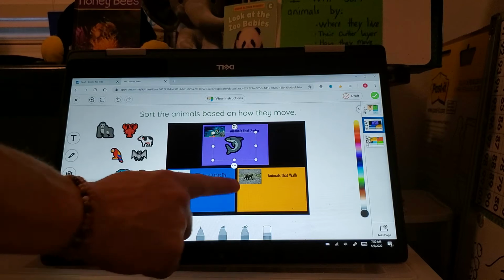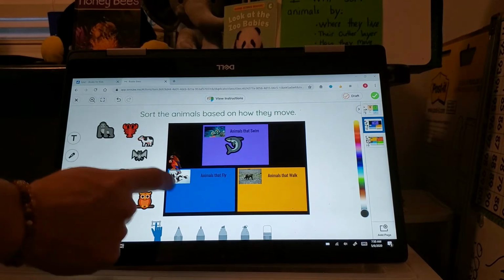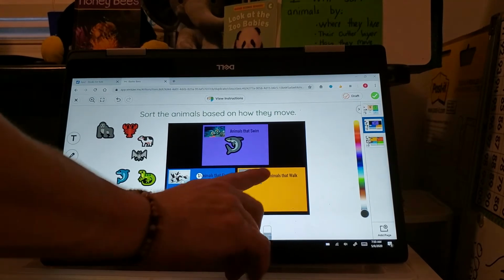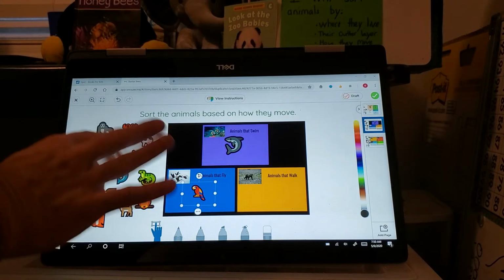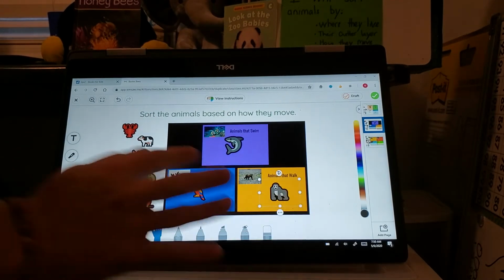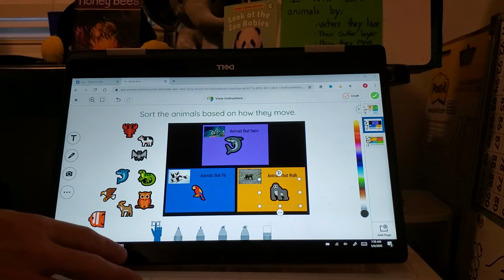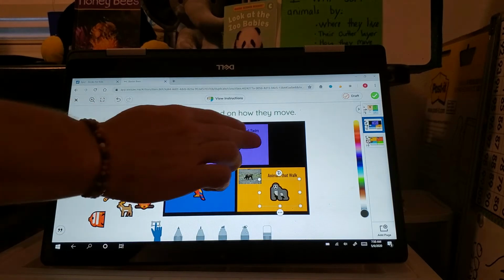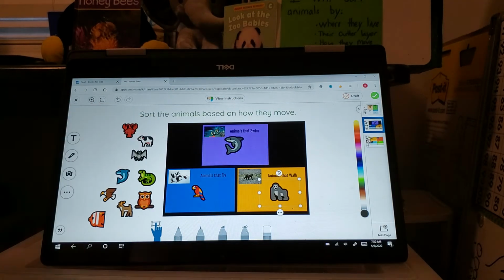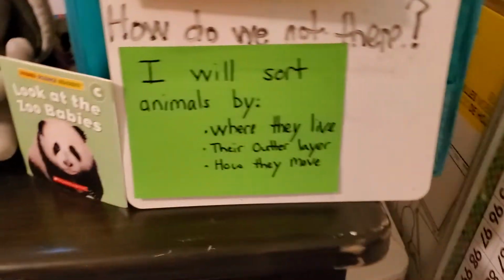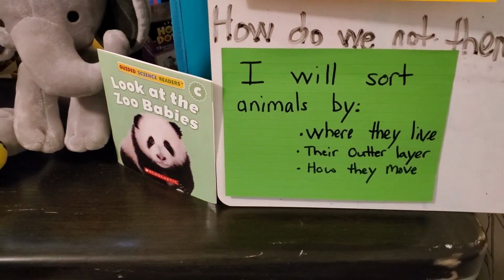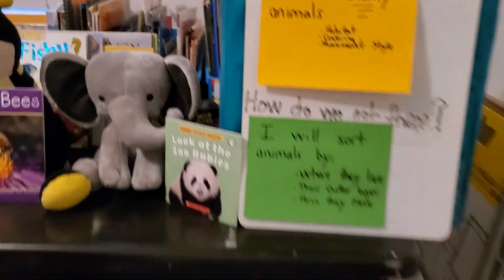All of the animals here will fly like a parrot. And all of the animals here will walk like a gorilla or a deer. All right, I want you to move these to the correct area, sort them based on how they move. That was our third way we'll show what we know, how they move or their movement style.